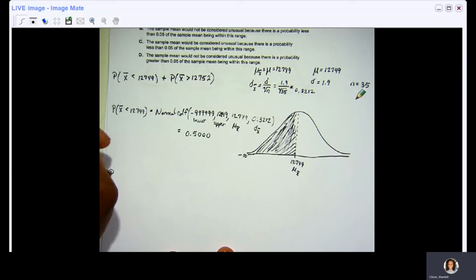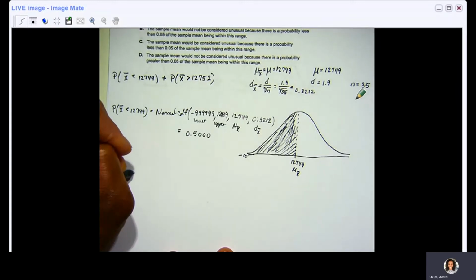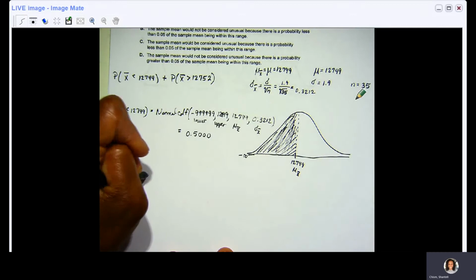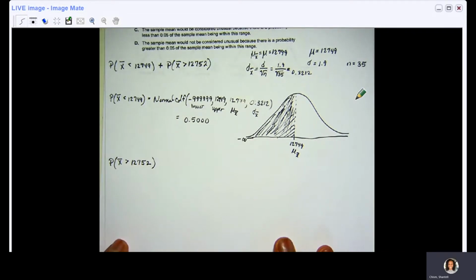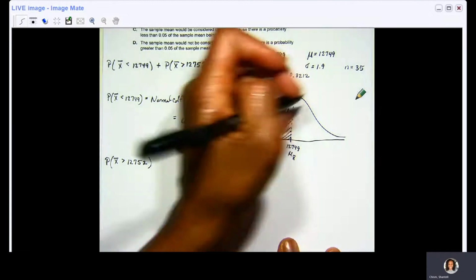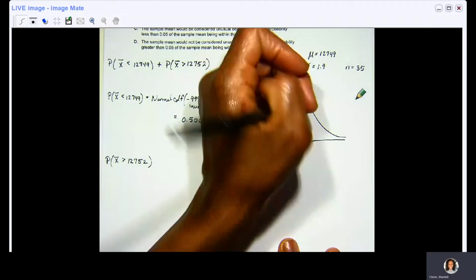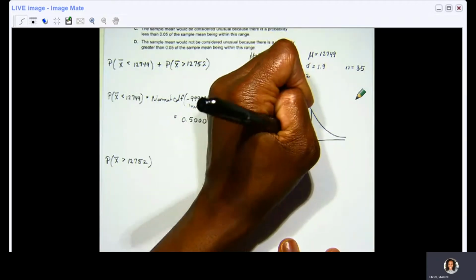Now, let's look at the other one. Probability that x bar is greater than 12,752. Okay. Probability that x bar is greater than 12,752. So 12,752, well, that's bigger than the mean, so I'm going to put it over here to the right somewhere.